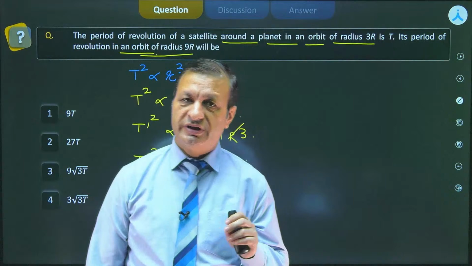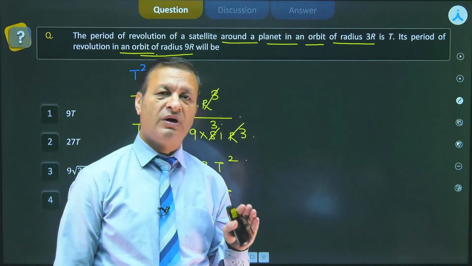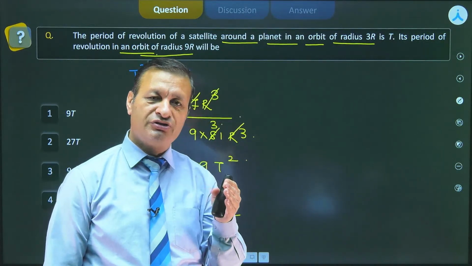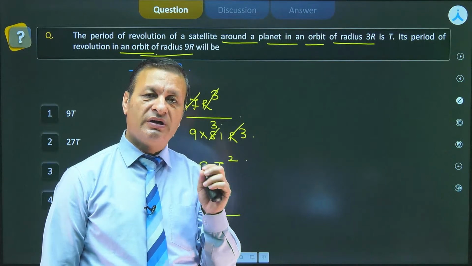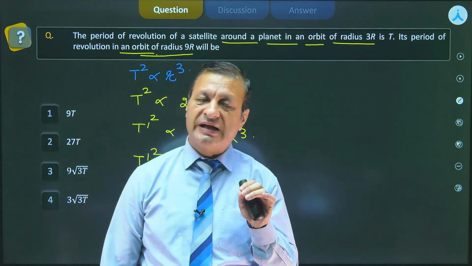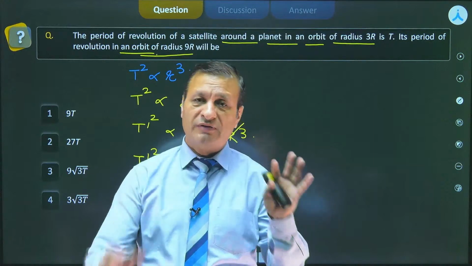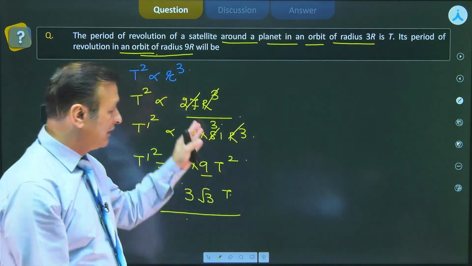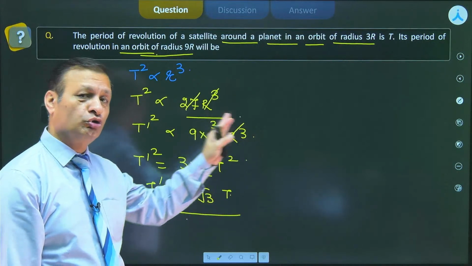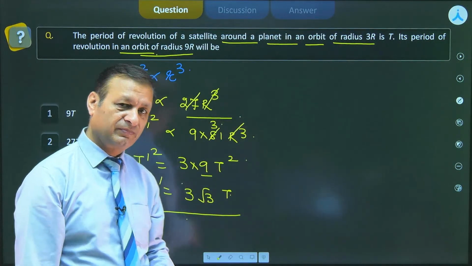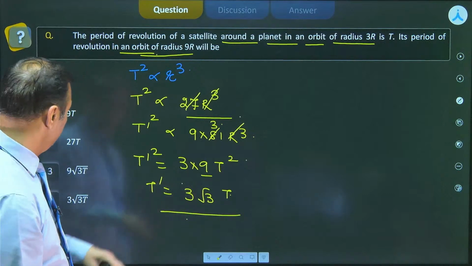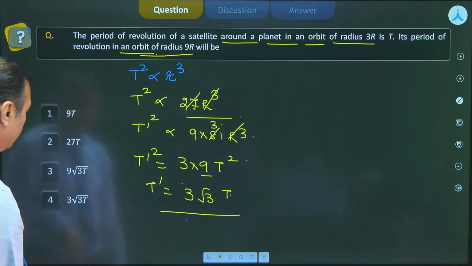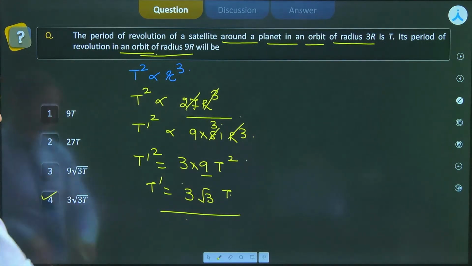Calculation is the one trap area. I suggest you keep avoiding the calculation till the last step, but maintain the steps so that you can find the error if something goes wrong in the calculation part. Got it or not? So T dash is 3 root 3 T, and this is the fourth option.